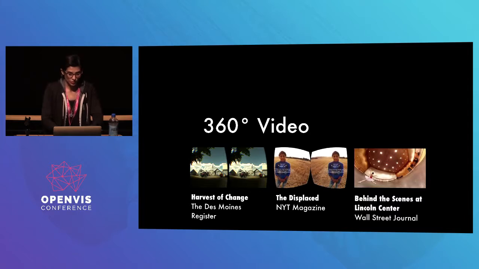Harvest of Change was one of the first groundbreaking ones. The Displaced, an amazing piece by New York Times Magazine. The Wall Street Journal put out a really cool piece that follows a ballerina as she's preparing behind the scenes at Lincoln Center, and all these are really rad.